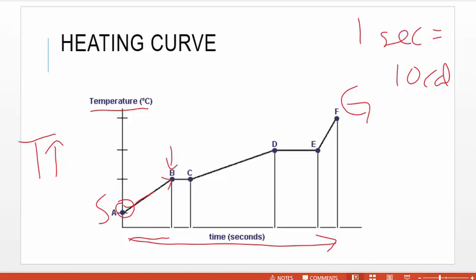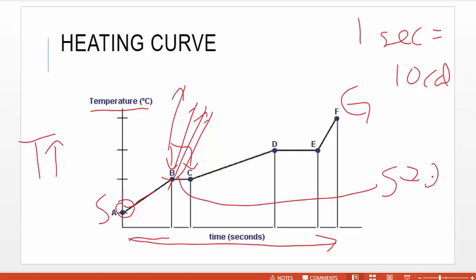And that's what's happening from B to C. From B to C, one molecule is going away, and then another one, and then another one, escaping and getting further and further away. And when we're a solid and we're able to get further and further away, we know we are turning into a liquid. So from B to C is when I am changing from a solid to a liquid.